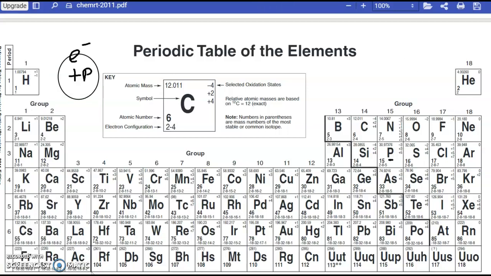So just to back up for a second, the reason why hydrogen is positive sometimes and negative other times, this is what's actually happening to our hydrogen atom.